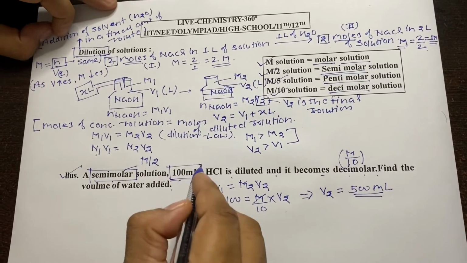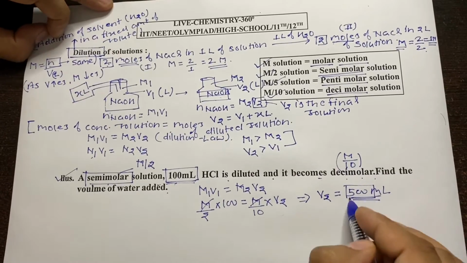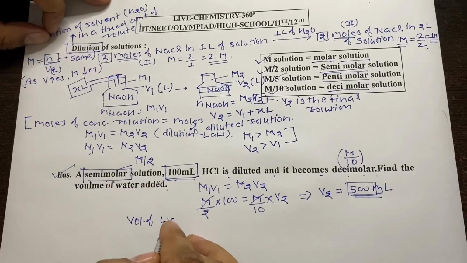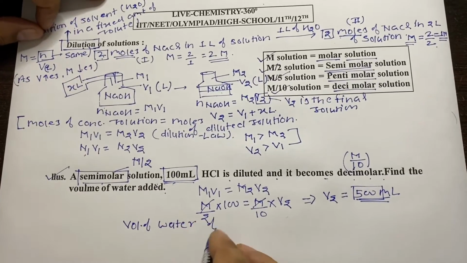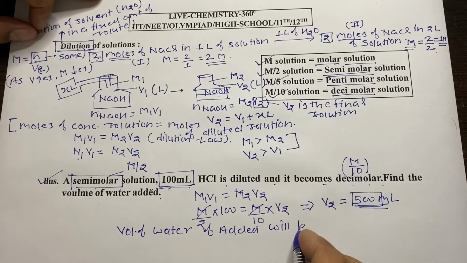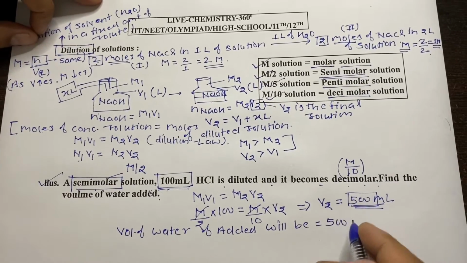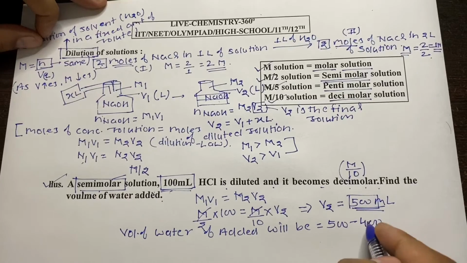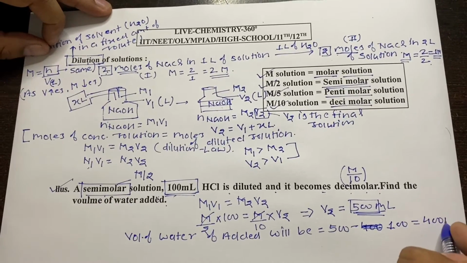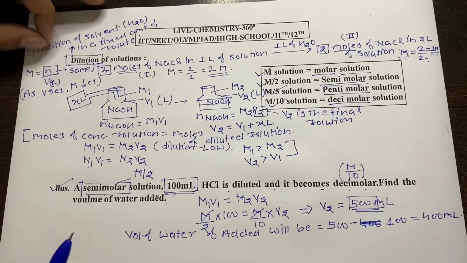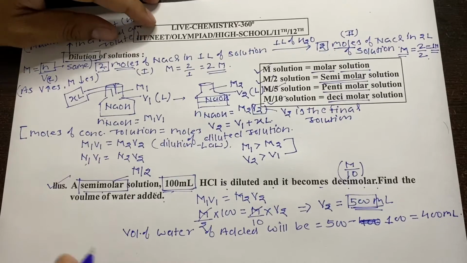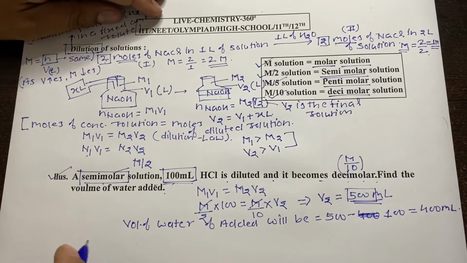Initially the volume was 100 ml, the final volume is 500 ml. So obviously the volume of water added will be 500 minus 100 ml, which gives 400 ml.